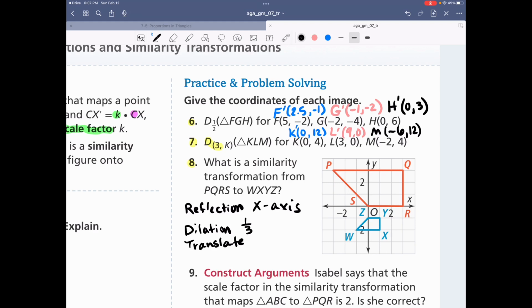If we do that, this point stays here. This point is going to end up here, then come to here, and then this will go to here. I think so. Oops, hold on.